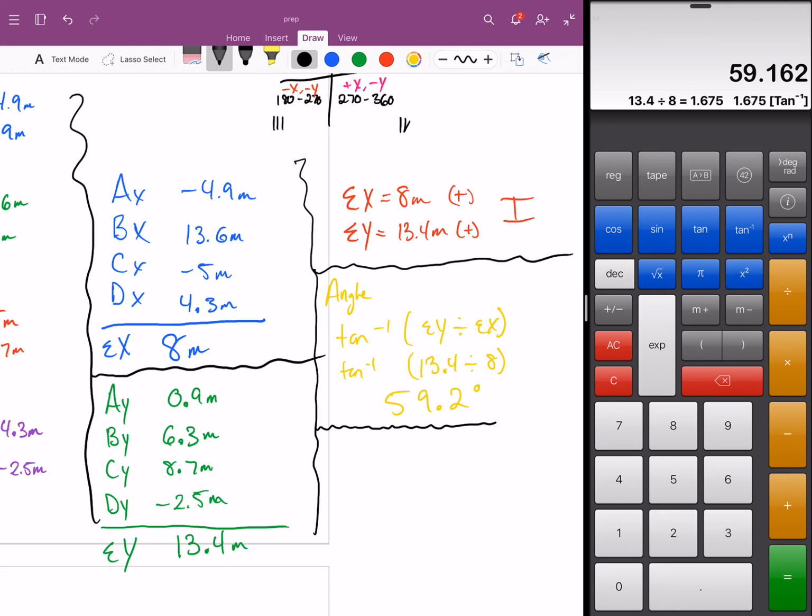Then finally, let's find the resultant magnitude. Let's use another color.